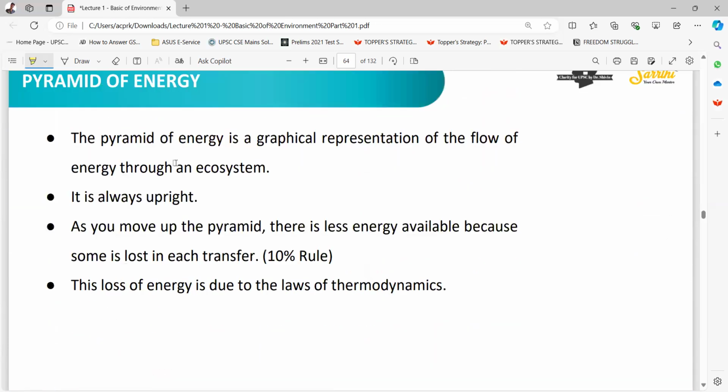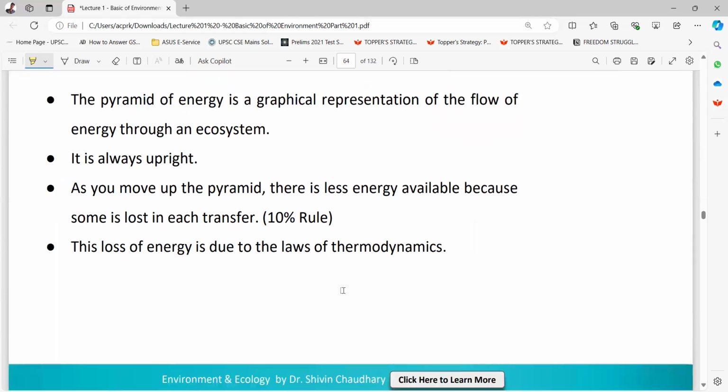Pyramid of energy. The pyramid of energy is a graphical representation of the flow of energy through an ecosystem. It is always upright. As you move up the pyramid, there is less energy available because some is lost in each transfer. That is the 10% rule. This loss of energy is due to the laws of thermodynamics.